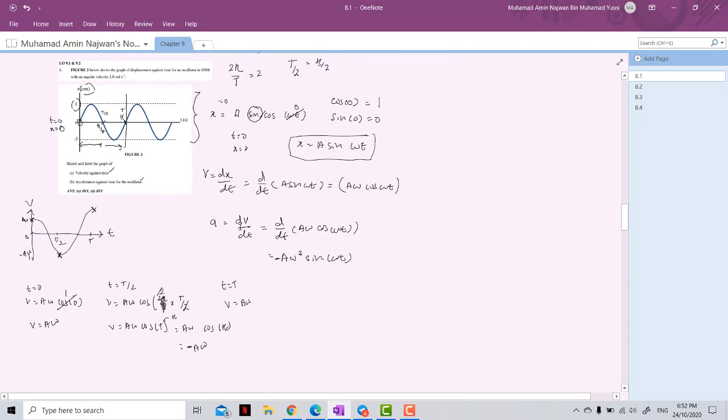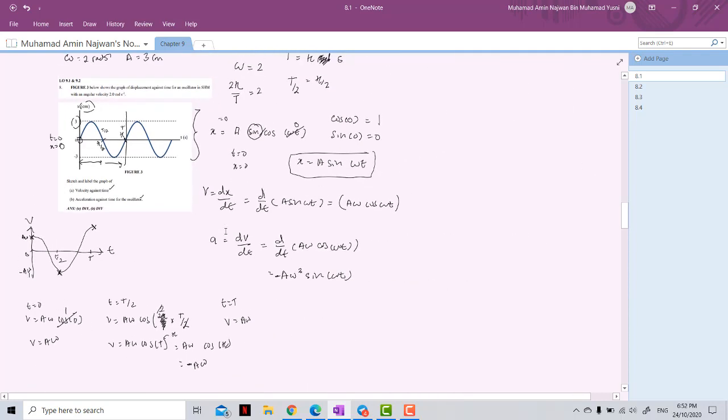Now, what about for acceleration pula? Okay. Acceleration is the same case. Kita tahu A sama dengan negative A omega square sin omega T. Okay, pada saya tak perlu susah lah. You draw you punya graph of A against T, A omega square, negative A omega square, and you tengok balik graph ni. Okay, ni graph sin kita kan, ni graph displacement kita ni kan.